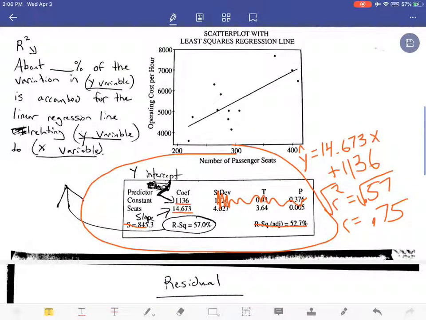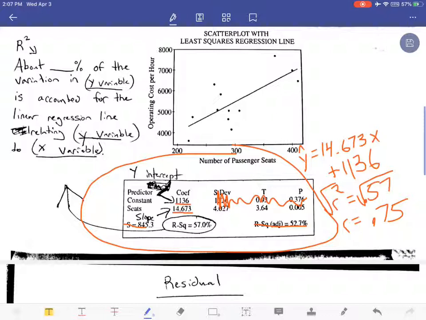Now we also have our r-squared value, which we need to know how to interpret. And basically just understand, memorize this sentence, and then if it comes up on the test, you just plug in the values. This isn't a concept you really need to understand conceptually super in depth.